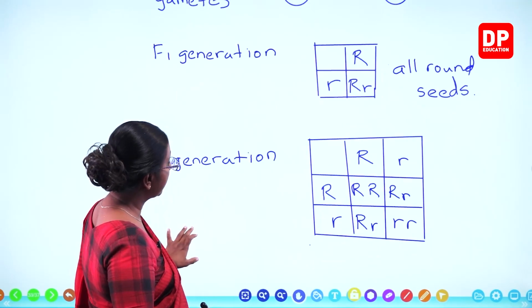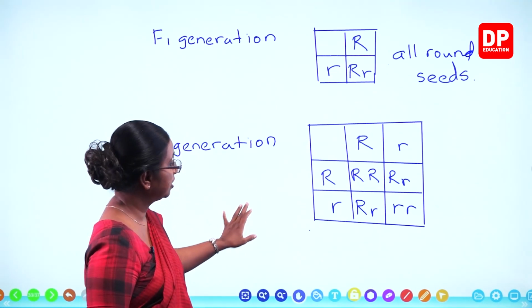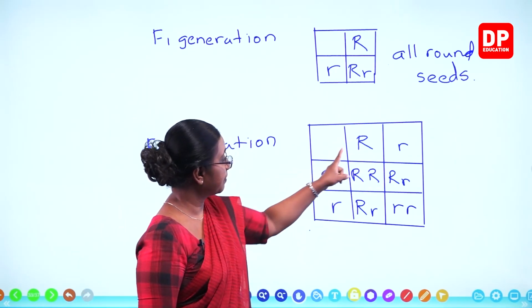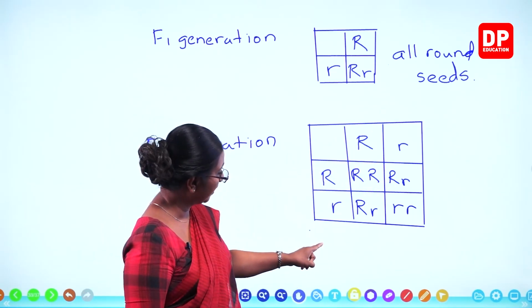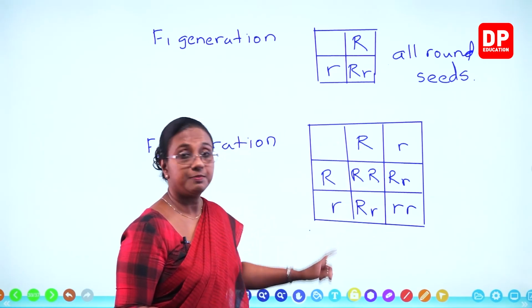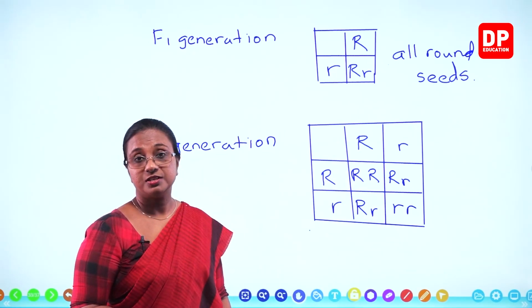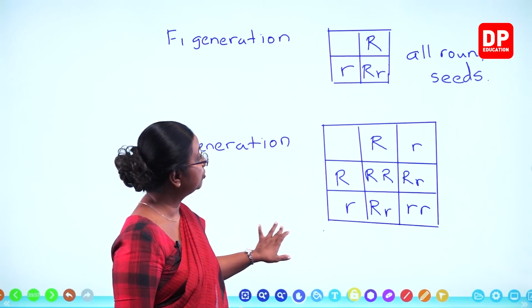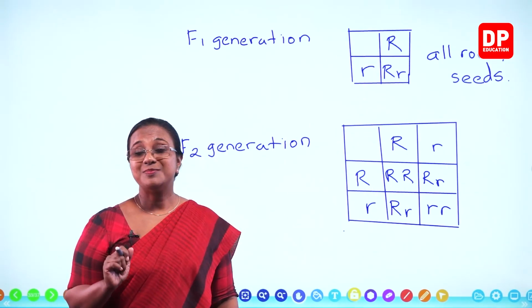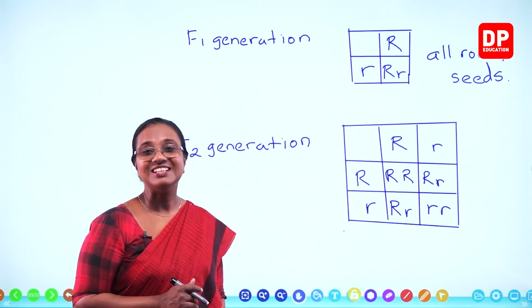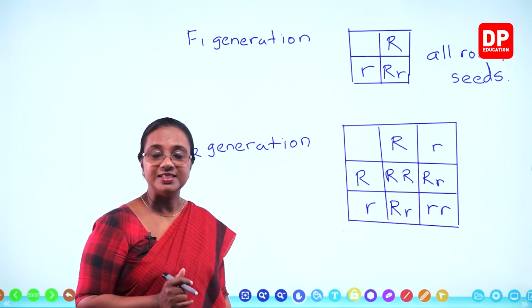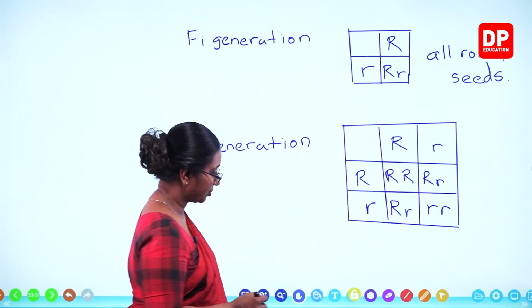And then from there you get the F2 generation. 2 types of gametes, capital R and simple R in both parents. So you get this type of generation, occurrence of the F2 generation. I'm sure you all also have written the same answer. So with that, students, we'll move on to the next question.